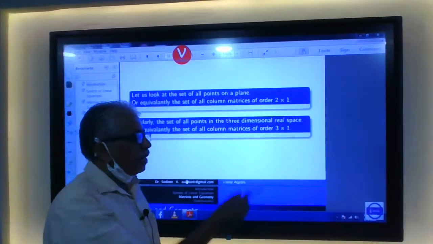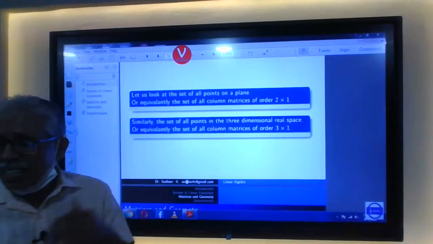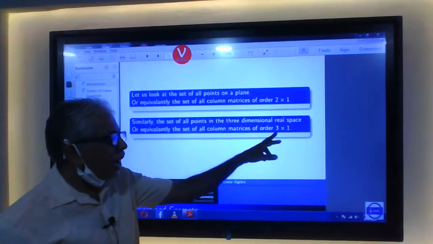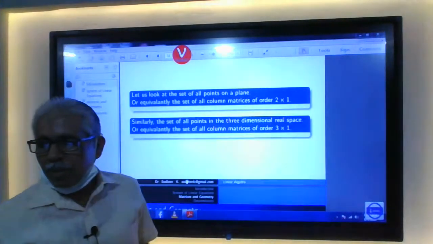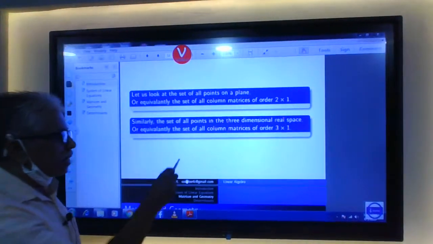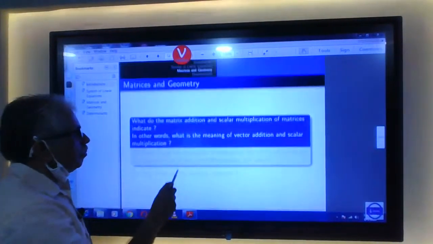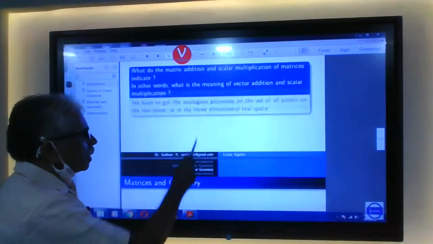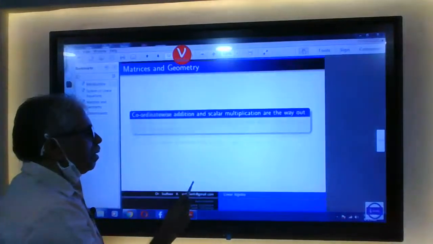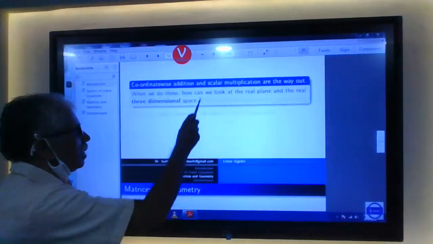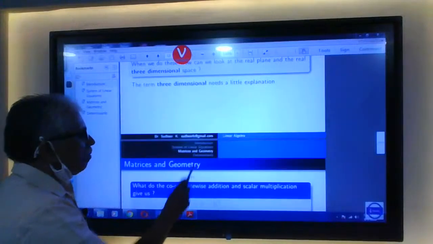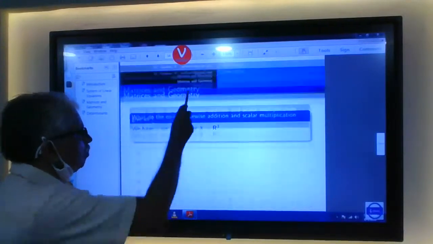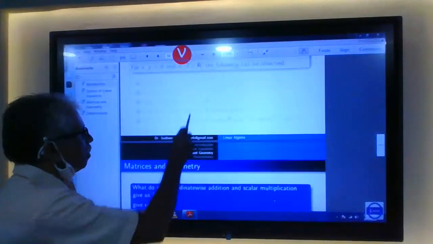In the case of three-dimensional space, you have points represented by 3 by 1 matrices. And now let us see what properties the matrix multiplication has. We will do that with certain examples.